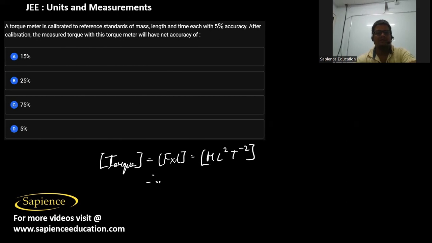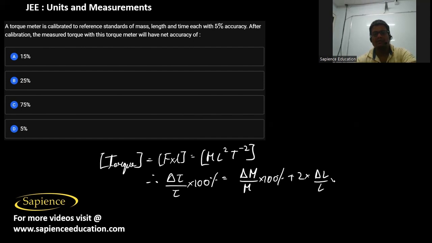So therefore the measured torque, its accuracy, it means the percentage error in the measurement of torque, will be equal to the percentage error in the measurement of mass plus twice the percentage error in the measurement of length plus twice the percentage error in the measurement of time.